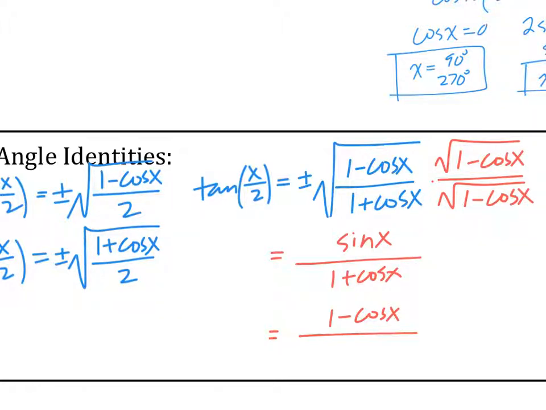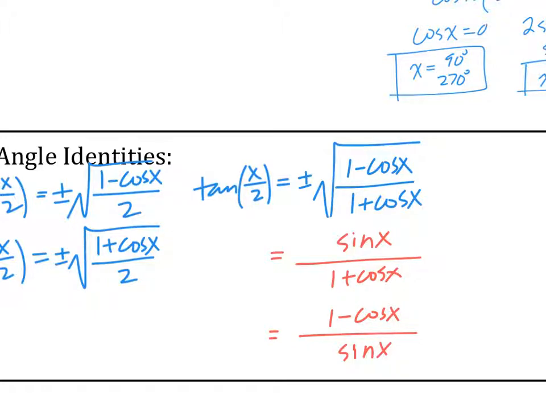In the denominator, again, we're going to have a 1 minus cosine squared. And again, that 1 minus cosine squared becomes sine squared x, where square root of sine squared x is just sine. So that is my third one. So again, when you get to tangent, you're going to pick and choose which one you want to use.